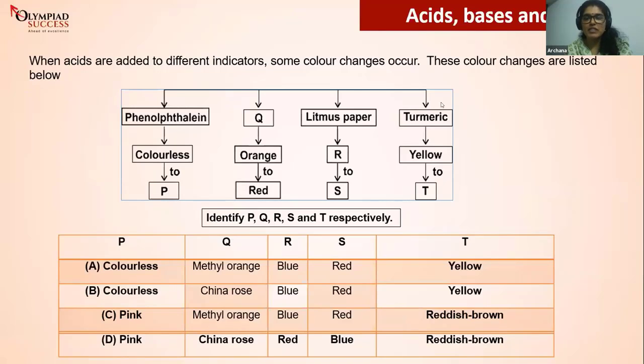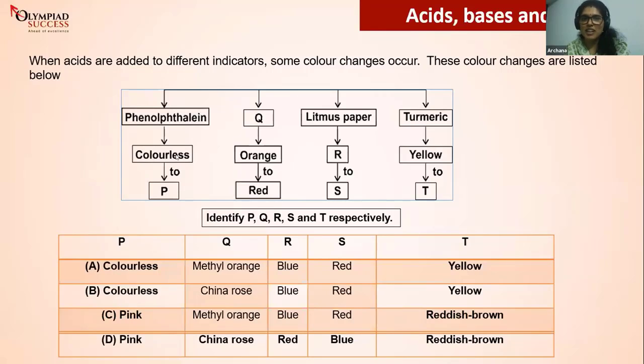So we have different kinds of indicators which are used, and there are different kinds of color changes. What are the color changes which will occur? Phenolphthalein, colorless to pink. When acid is added to different indicators, these are the color changes. What are the color changes which can happen?